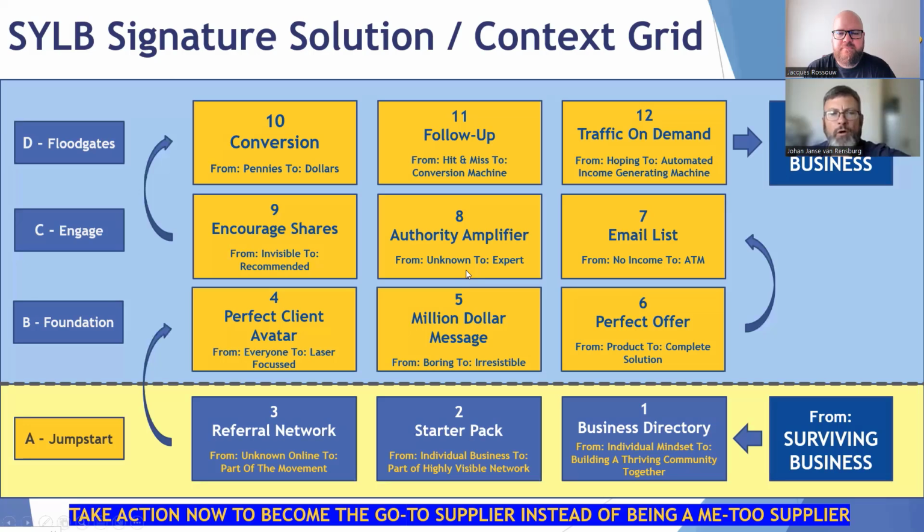Each one of these 12 steps will be a category that is a subject. Whenever we talk about content, we will refer back to one of these 12 steps. That's the main category. Jock, you wanna say something about this?